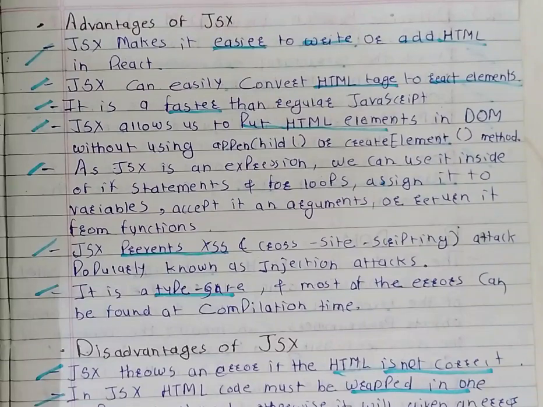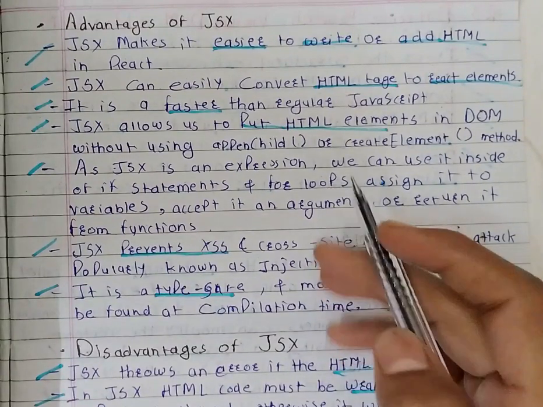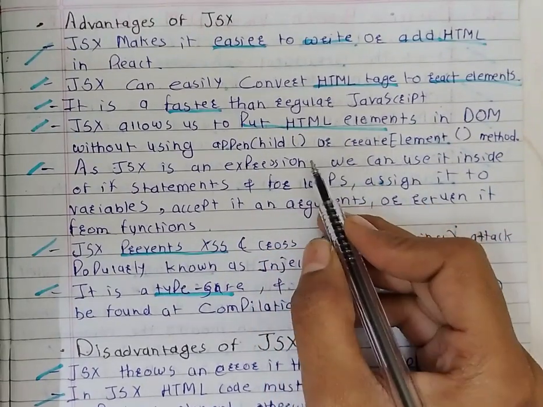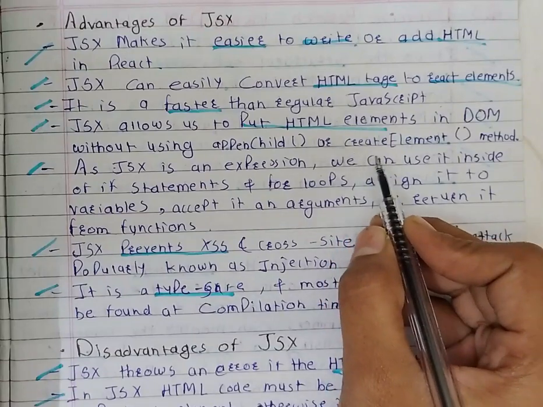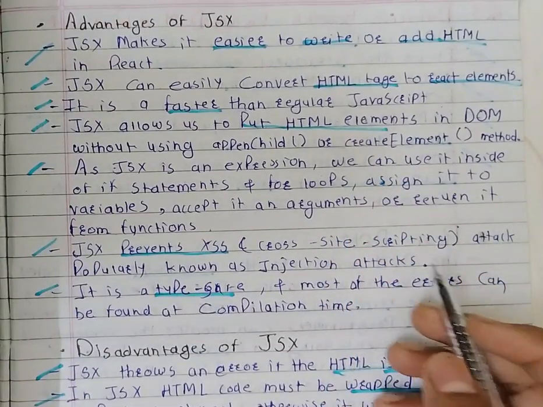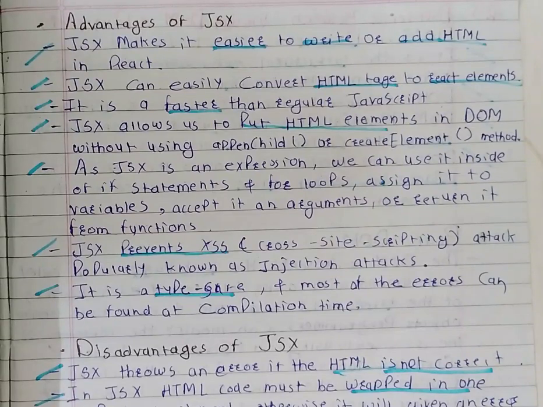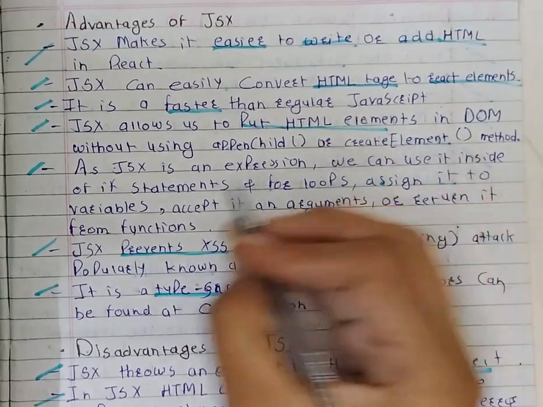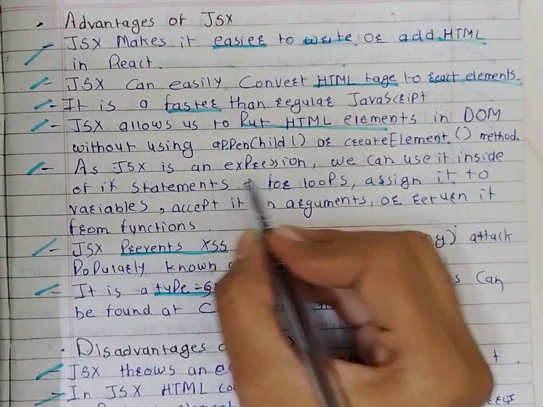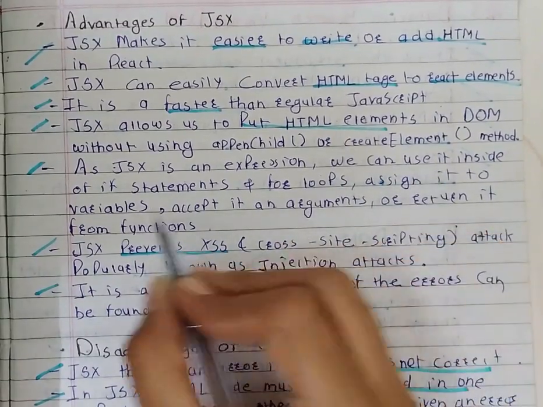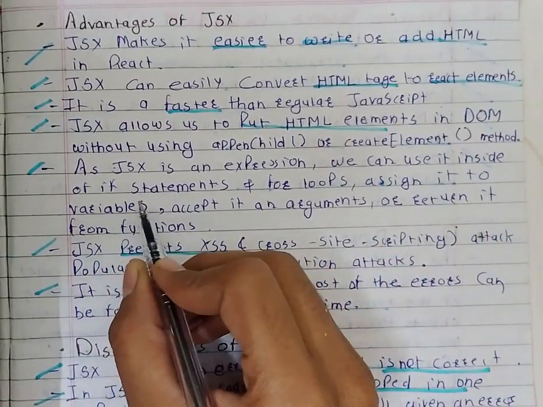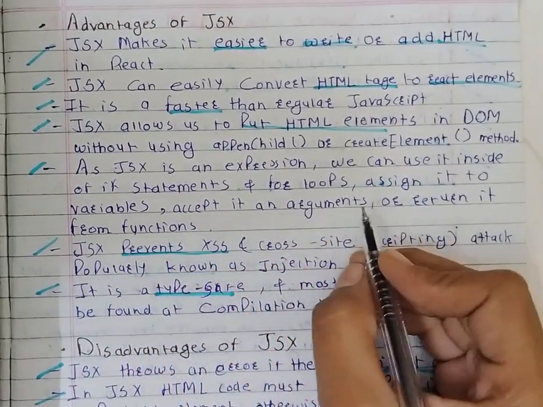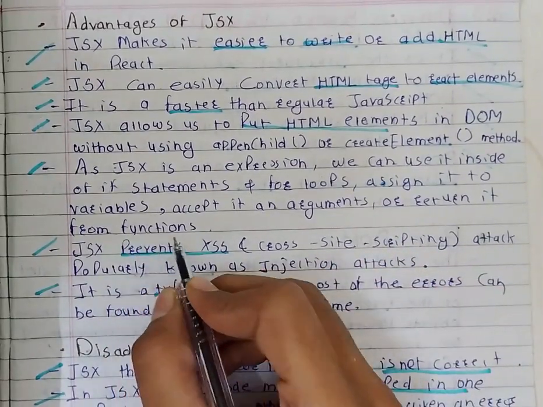So without manually using appendChild or createElement, we can put HTML in the DOM because React does it automatically. As JSX is an expression, we can use it inside if statements and for loops, assign it to variables, accept it as an argument or return it from a function.